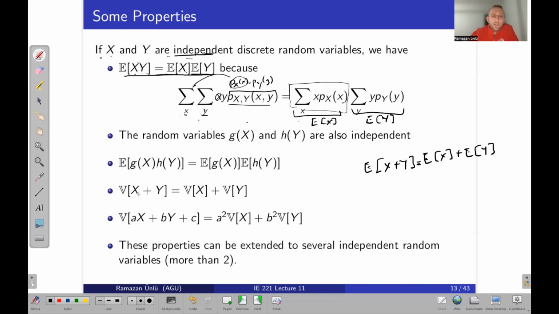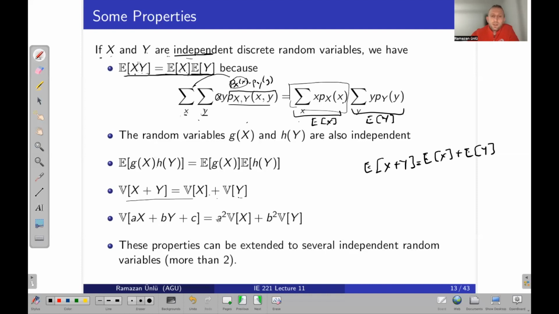And for the variance, the variance of X plus Y is equal to the variance of X plus the variance of Y. If they are independent, we can apply this rule as well. Another one: if we have a linear combination of random variables, such as AX plus BY plus C, and I want to calculate the variance, I can just consider the coefficients of the X's and Y's.